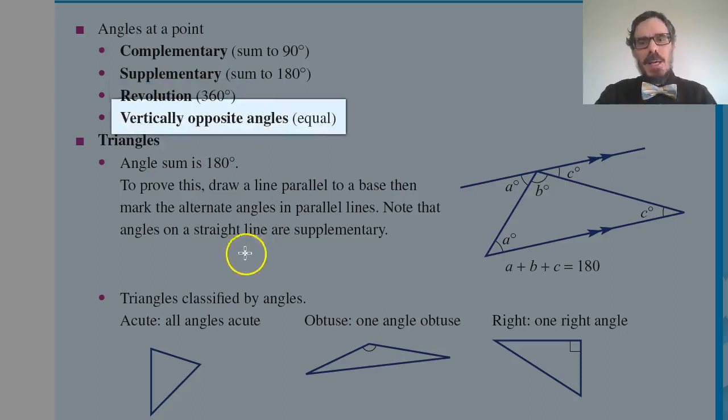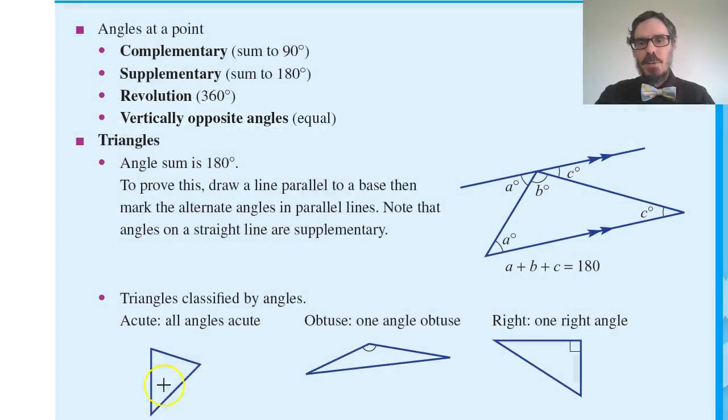Vertically opposite angles are equal. Let me see if I can show you what that means. If I have lines like this, this angle is vertically opposite this one, and they are equal. And this angle is vertically opposite this angle, so they are equal.